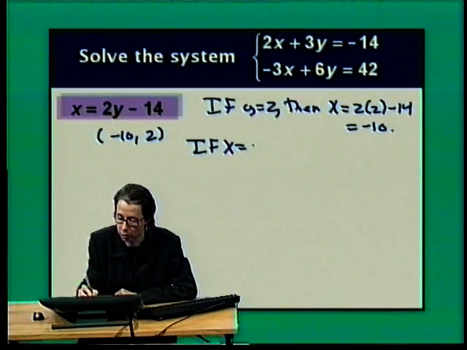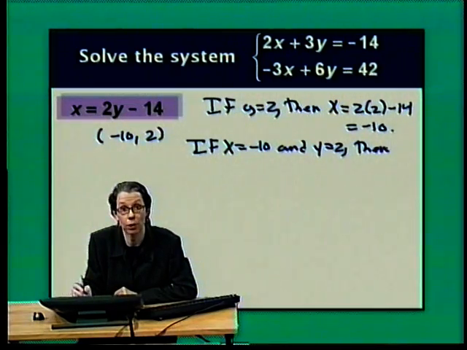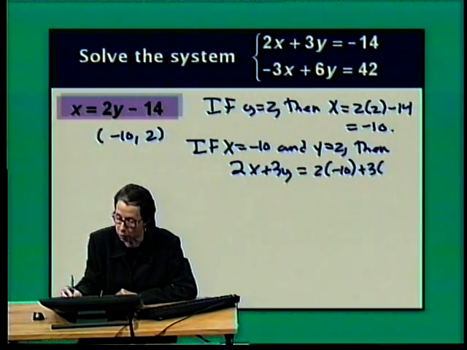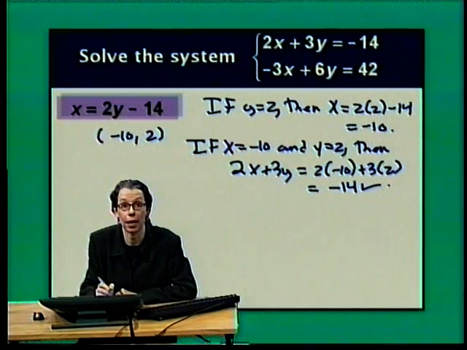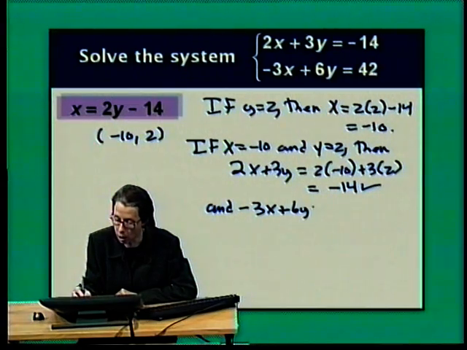If x equals negative 10 and y equals 2, then we have in the first equation 2x plus 3y equals 2 times negative 10 plus 3 times 2, which is negative 20 plus 6, which is indeed negative 14. And in the second equation, we have the opposite of 3x plus 6y.